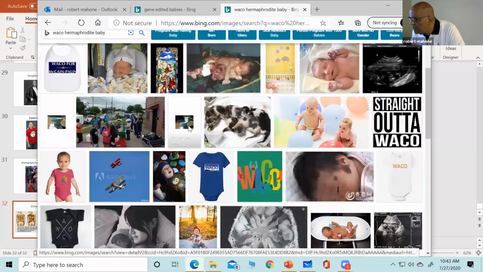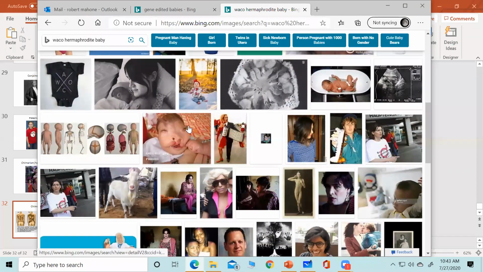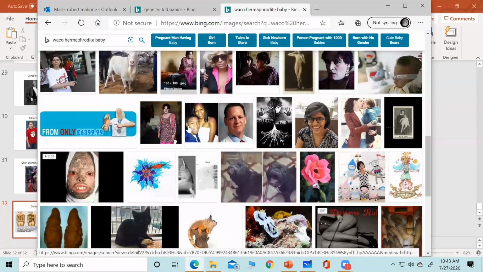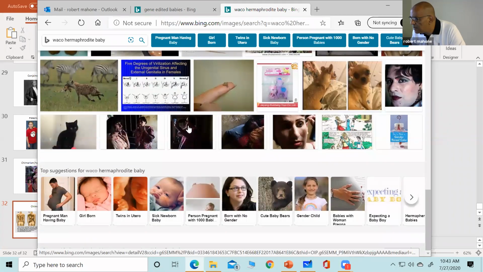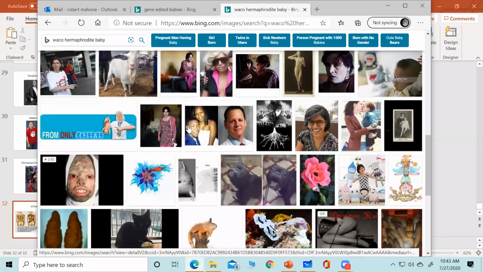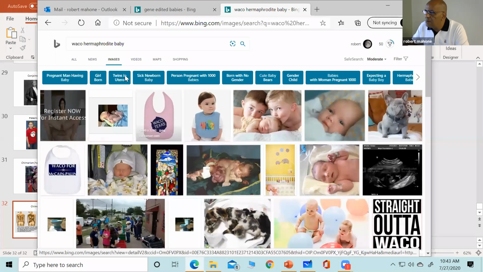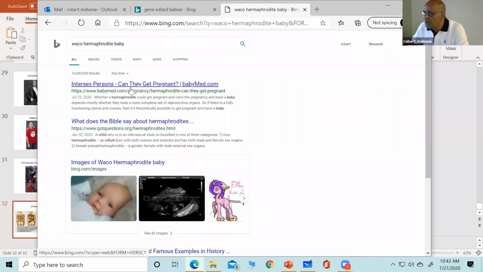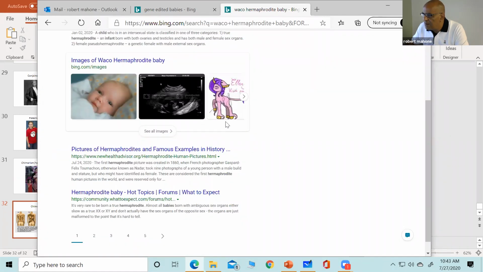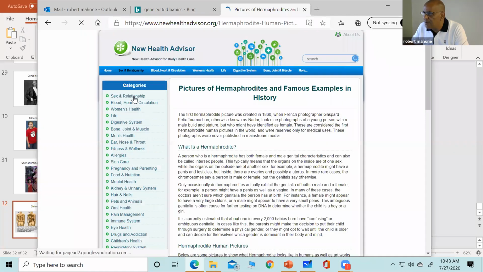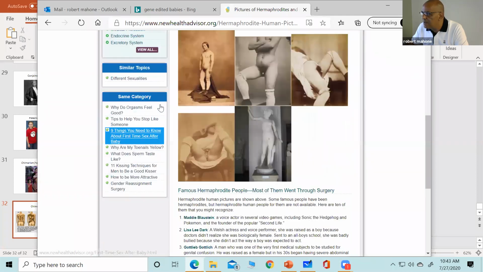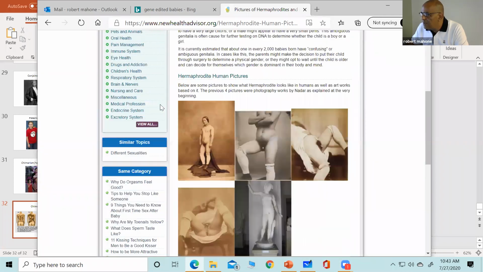That still didn't come up. Click all. Click what? All. No, I don't want to see the ads. I just want to see a picture of the baby. Well, you might find the baby like in a newspaper. Oh, okay. It says pictures of hermaphrodites and famous. Yeah, see, I don't get into all that. All right, but anyway.